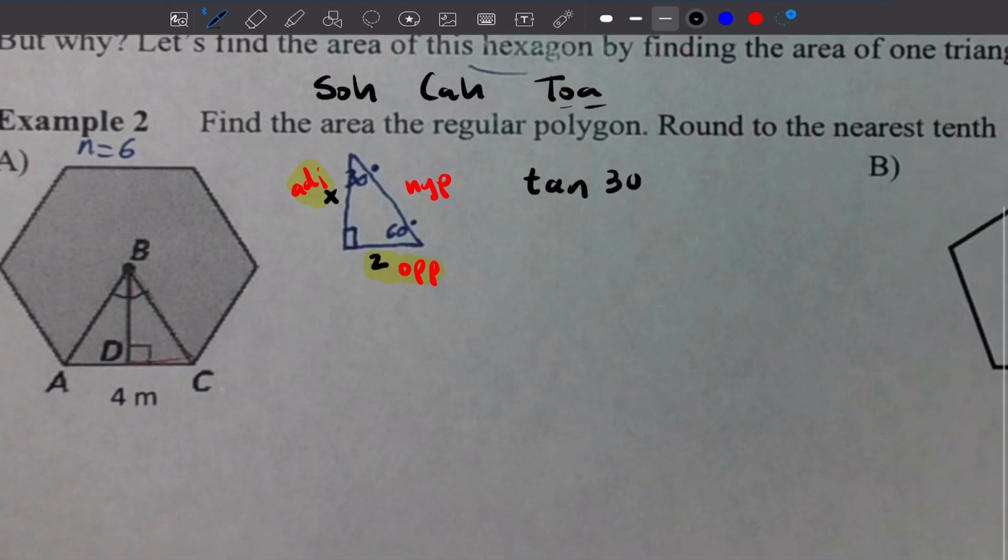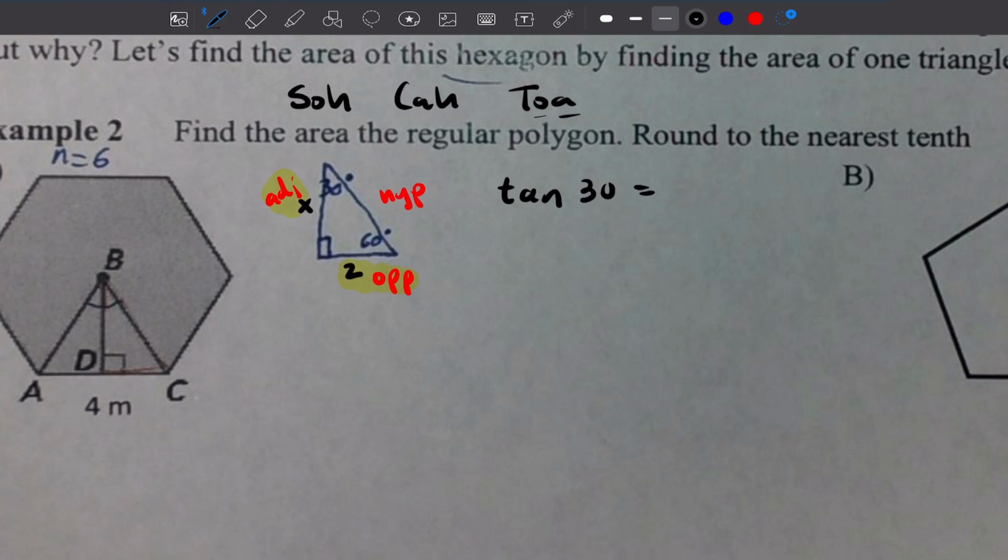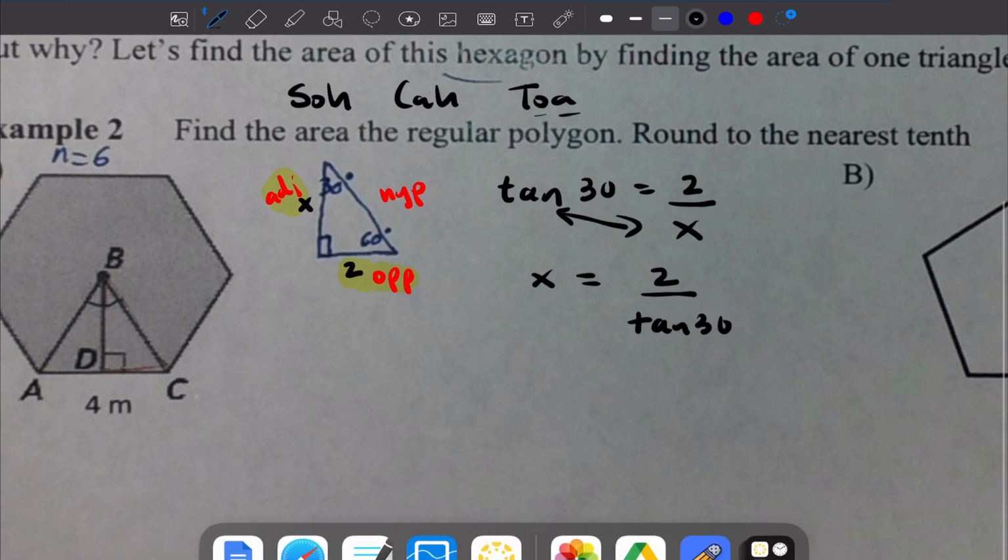Tangent of my angle of reference is equal to my opposite side, which is 2, over my adjacent, which is x. Since x is in the denominator, the x swaps places with the tangent of 30. So I should have x equals 2 over tangent of 30.